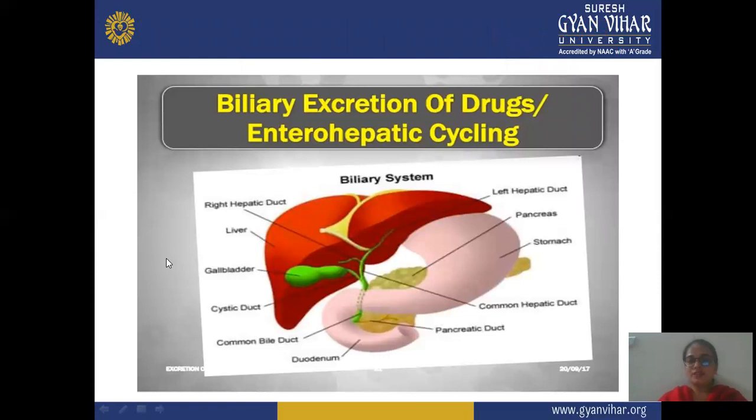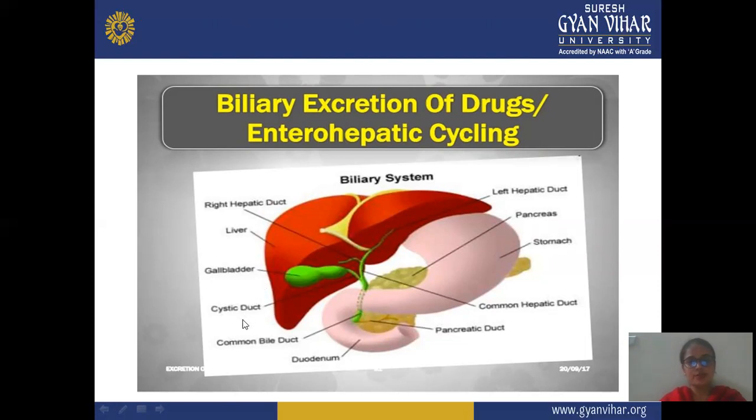First is biliary excretion of the drug, and it is also known as enterohepatic cycling. This is the structure of the biliary system. Here you can see the right hepatic duct, and this is the liver, which is responsible for biliary excretion.